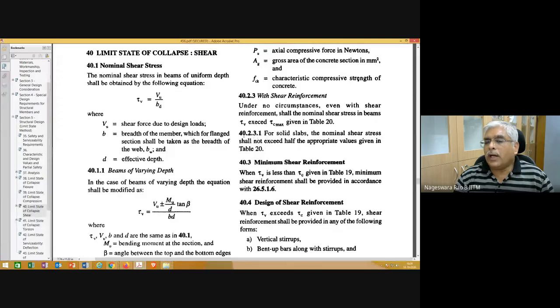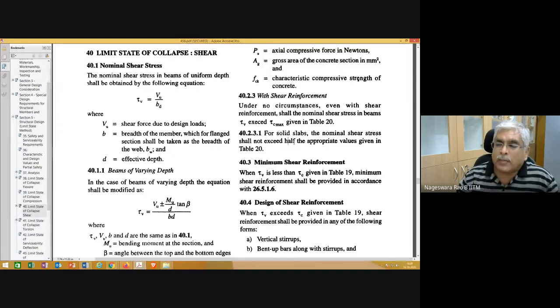And now this is for slabs. We'll come back to it at a later stage. Just now I mentioned that when I'm referring to Table 20, whatever values are given there are for beams. For slabs, for the value tau c max, you can read this one. For solid slabs, nominal shear stress shall not exceed half the appropriate values given in Table 20.